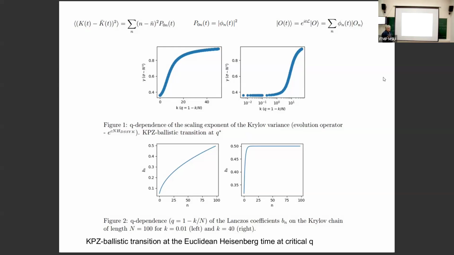Instead of 2/3, here we have an additional critical exponent, which is 1. And so at large q, sorry, at small enough q, we have the ballistic behavior.